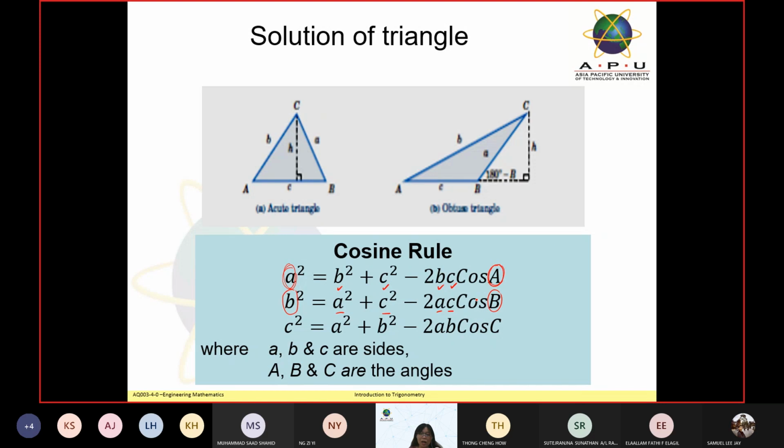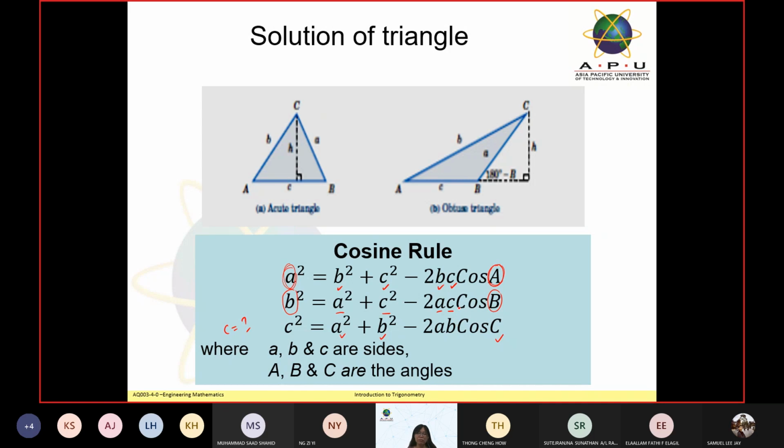When to use this formula depends. Let's say you want to find the side c. If you have the other two sides and the angle C, then you can use this cosine rule to find it.